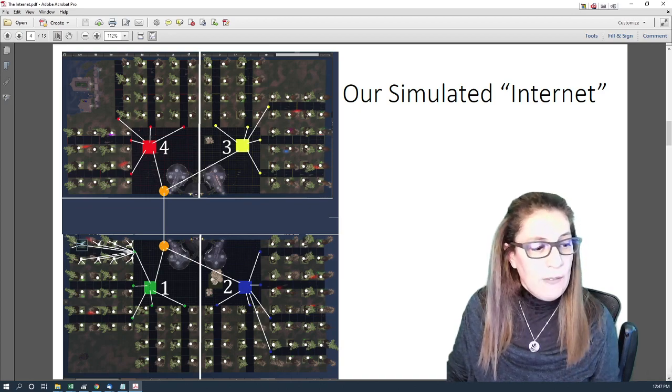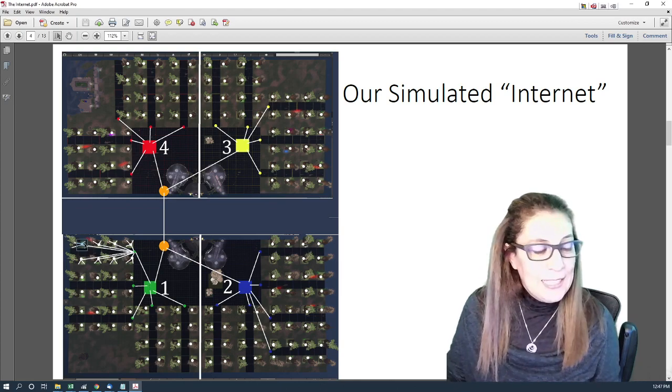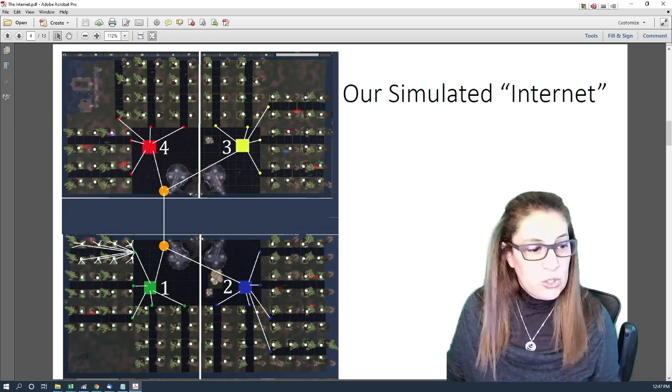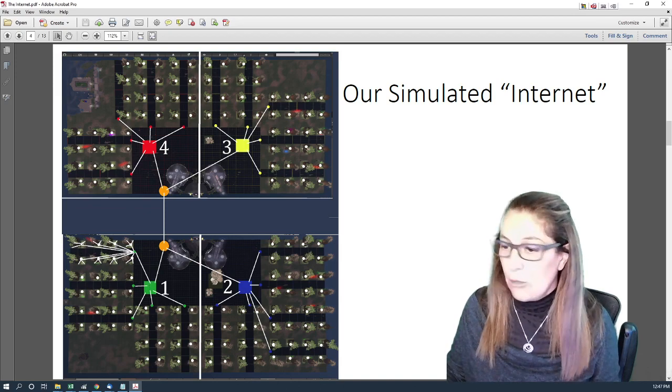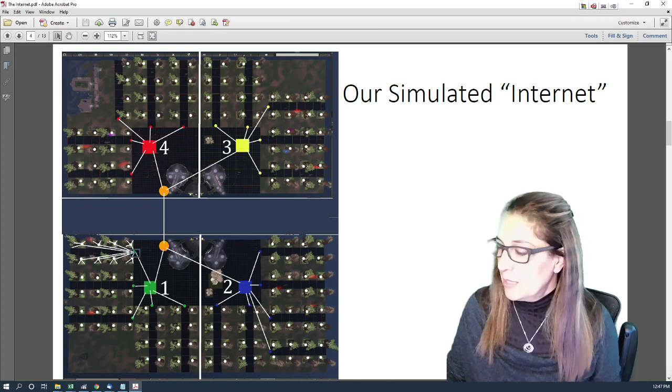But once you have your home network set up, the next thing is to do exactly what also happens in the real internet, which is to connect your home router to a neighborhood level router.